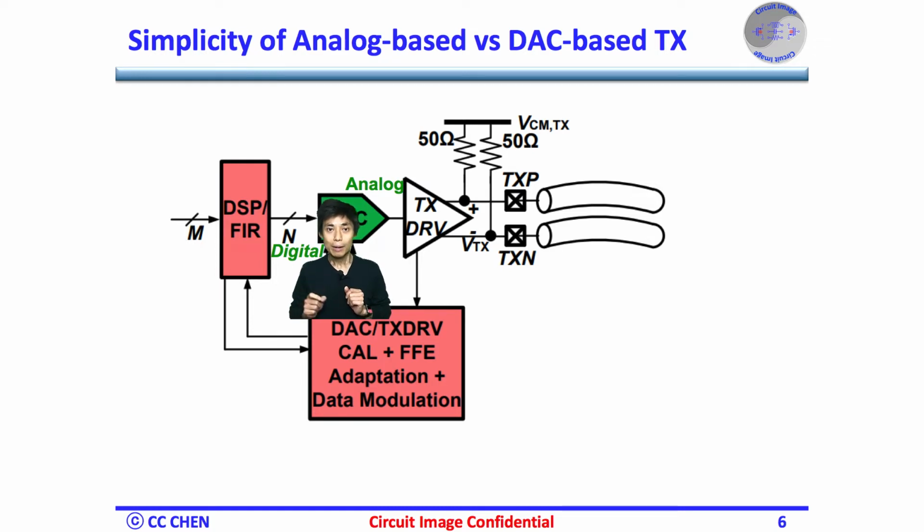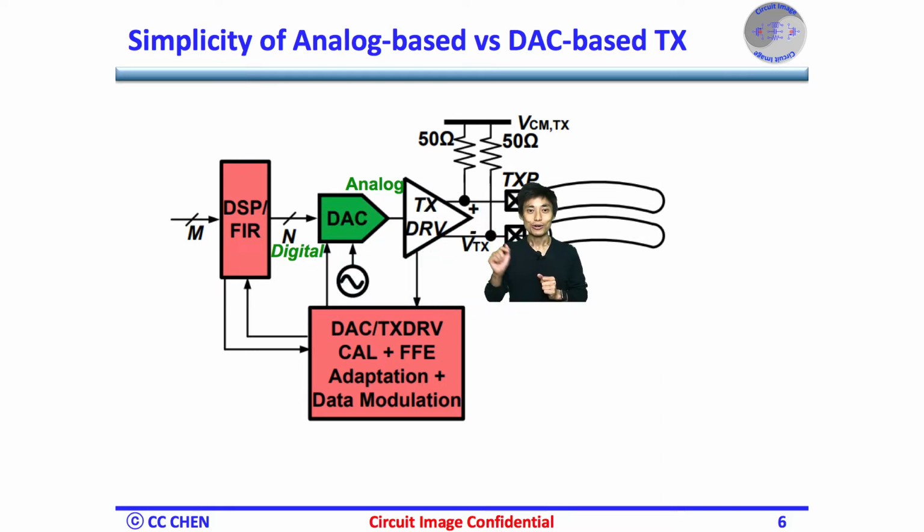Therefore, data modulation, FFE, or any digital calibration or processing can be flexible and easy. Also, the DAC only behaves as a digital to analog converter without equalization, so the output loading could be smaller than the analog-based TX.